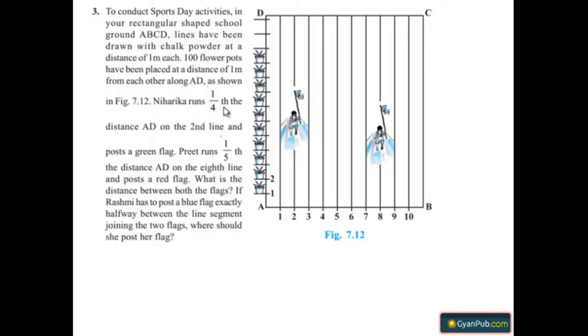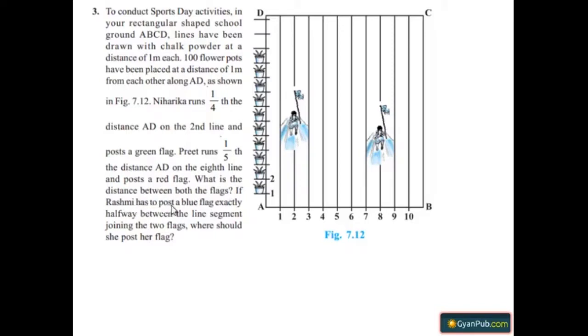Niharika runs 1/4 the distance AD on the second line and posts a green flag. Preet runs 1/5 the distance AD on the 8th line and posts a red flag. What is the distance between both the flags?